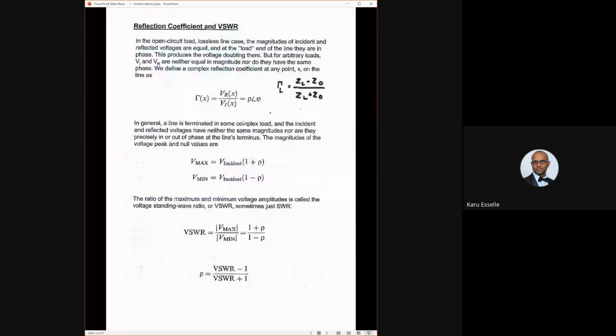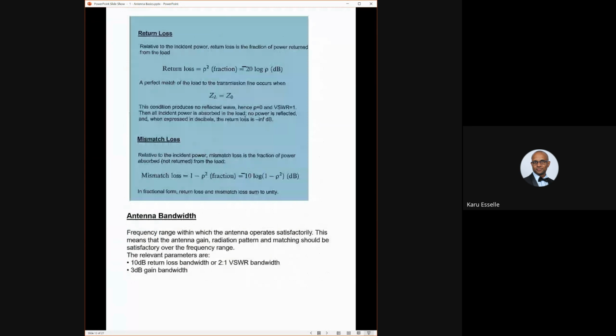Now, another parameter representing the same thing as VSWR is return loss. Return loss is the reflection coefficient magnitude squared. This is real, right? This is the reflection coefficient magnitude, and return loss is the square of that. That is in linear scale, but normally we write it in dB again.